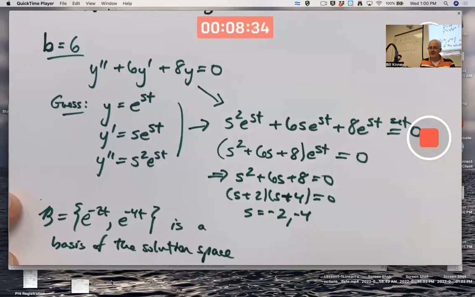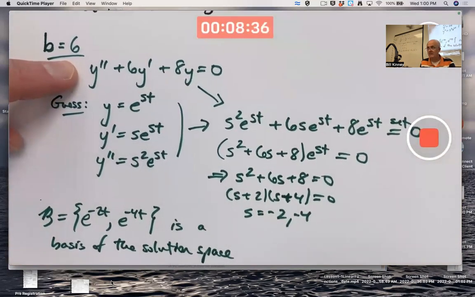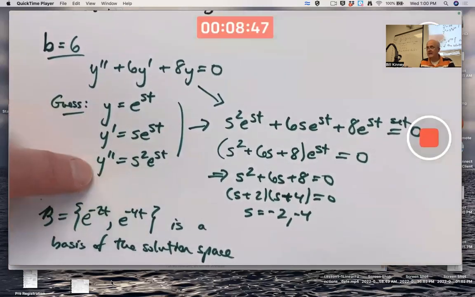The main thing to prove is that the solution space of this, the kernel of the linear transformation, is a two-dimensional vector space. That's some theory that we never really do. But if you trust that, then two linearly independent functions by the basis theorem will automatically be a basis. The vector space here is a collection of functions.